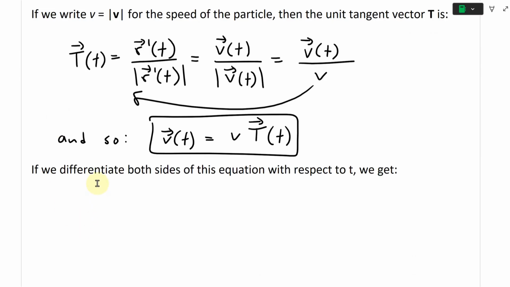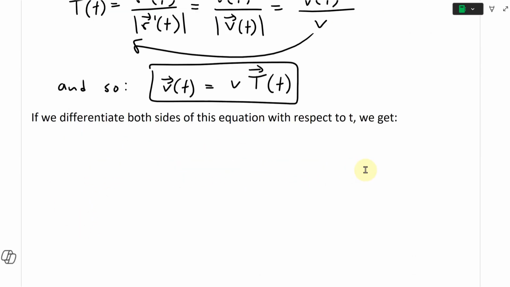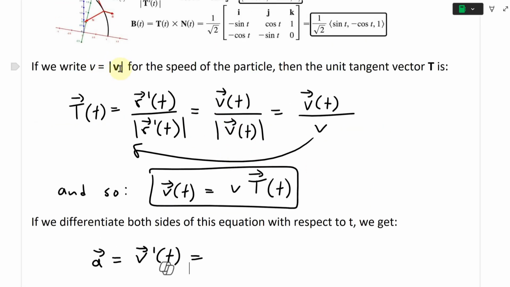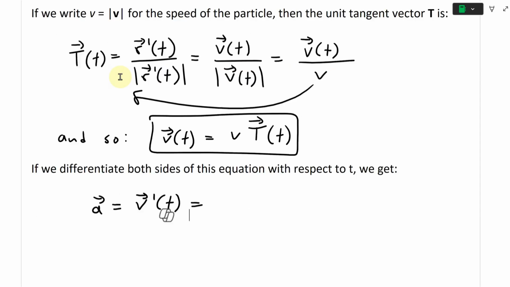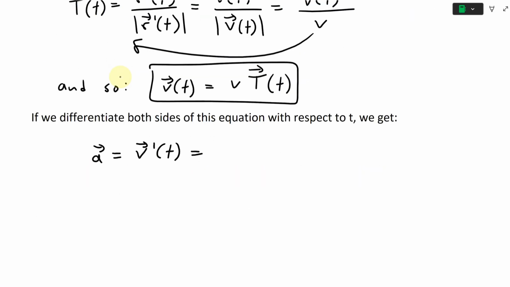All right, now if we differentiate both sides of this equation with respect to t, we get acceleration. The a vector is equal to the derivative of the velocity vector. The speed is going to be varying depending on the magnitude of the velocity vector at time t, so we use the product rule.